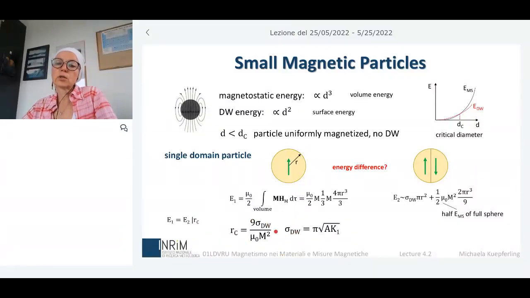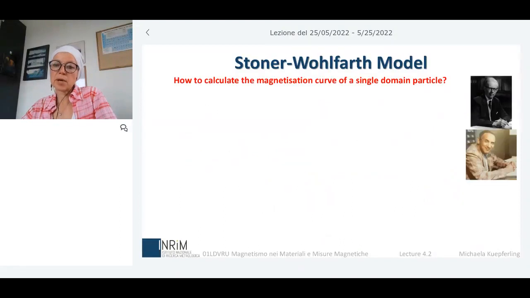If we now consider that the domain wall energy is pi times the square root of A times K, then we will get this final expression, and we understand that this critical radius depends on exchange, on anisotropy, but also on saturation magnetization. So this is the particle size in order to have a single domain particle.